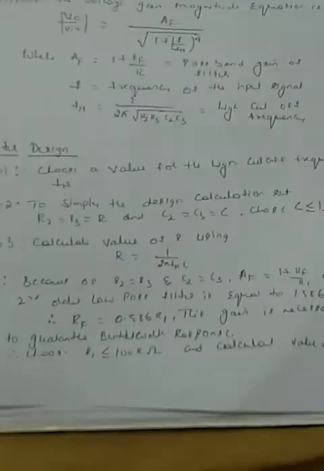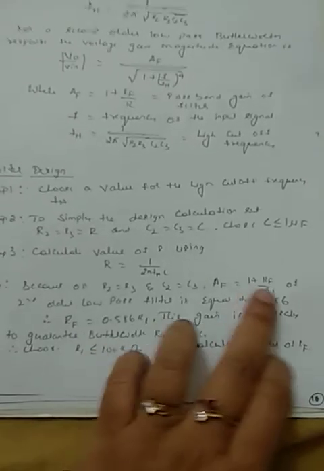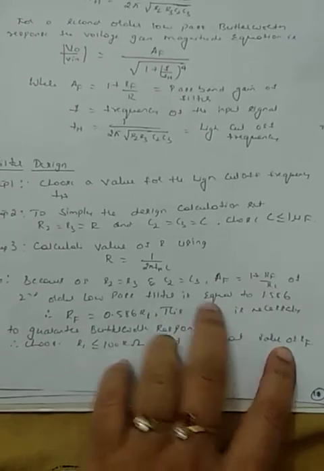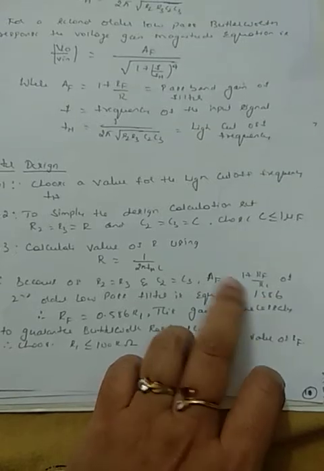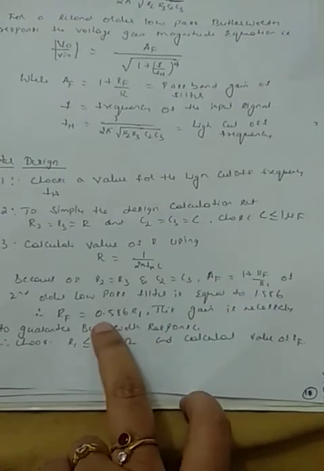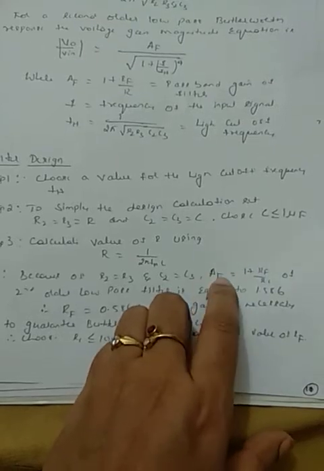Because we have made R2 equal to R3 and C2 equal to C3, our AF becomes 1.586.